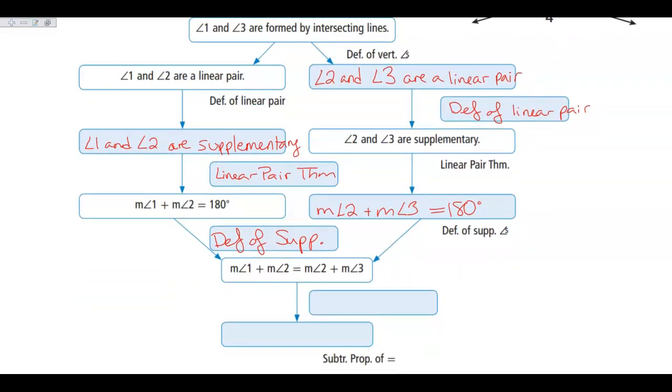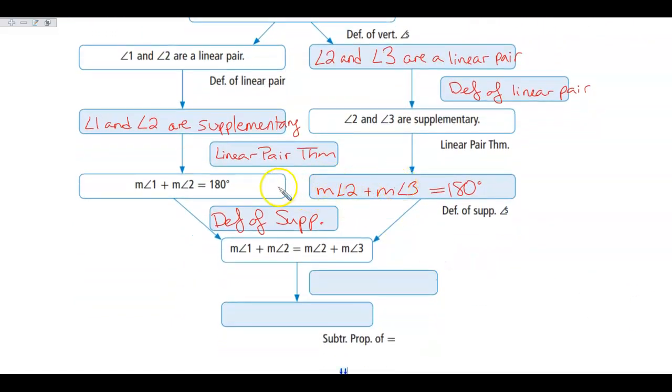Okay, now, because these are both adding to 180, both pieces of information are going to give me this next one. I'm taking this and setting them equal to each other because they're both equal to 180. All right, that is substitution. Transitive also kind of works here.